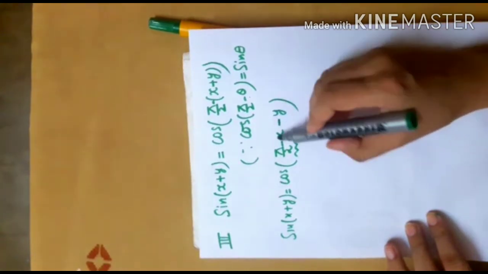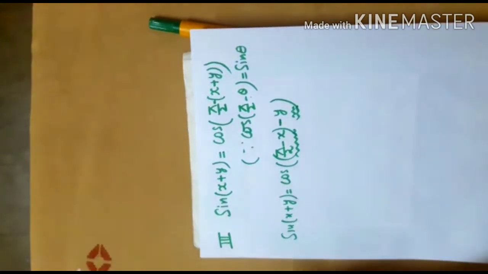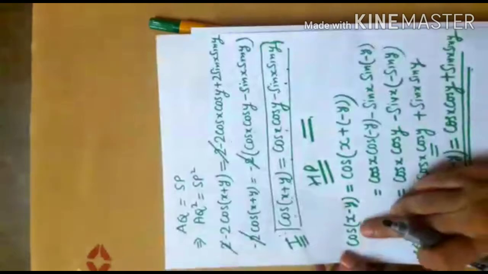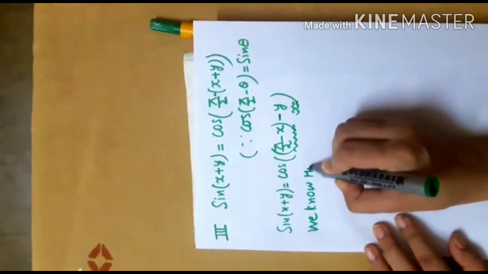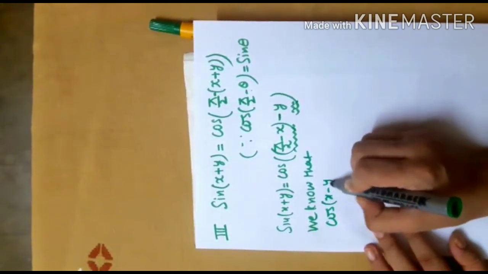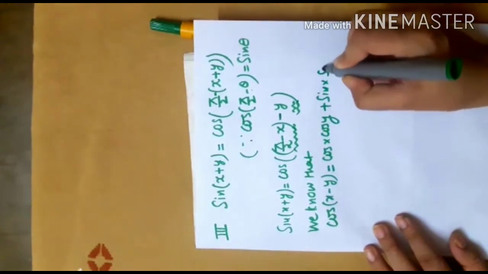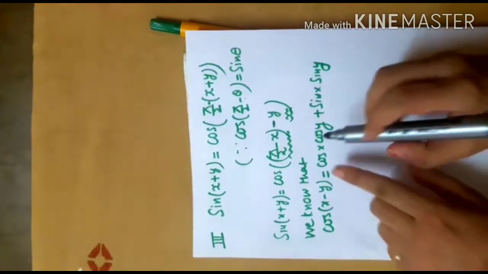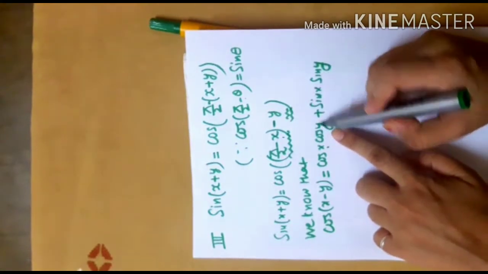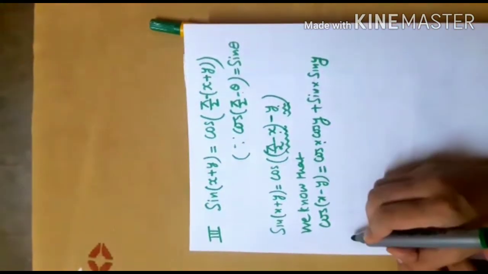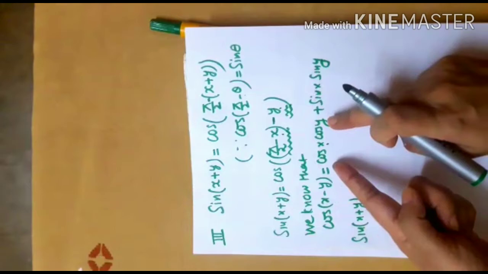Now I take this as one angle and this as y. Now, this is of the form cos(x minus y). Yes, we know that cos(x minus y) is equal to cos x cos y plus sin x sin y. So here, role of x is being played by pi by 2 minus x and role of y is being played by y. So, sin(x plus y) is equal to, here I'll apply this identity.